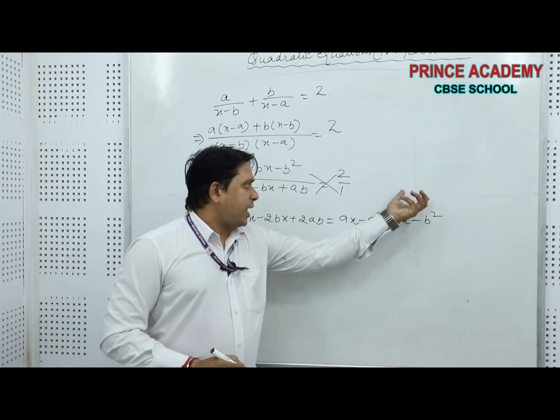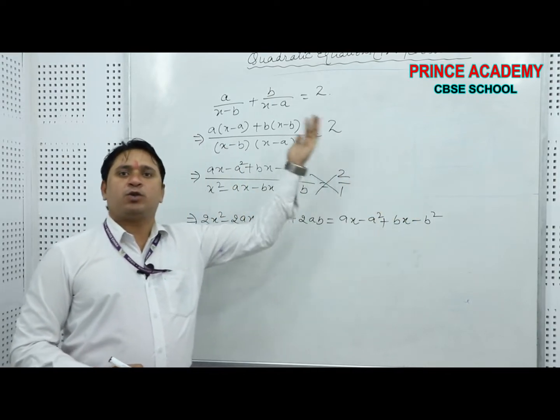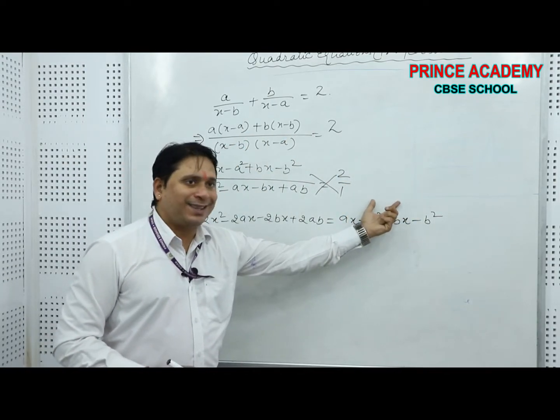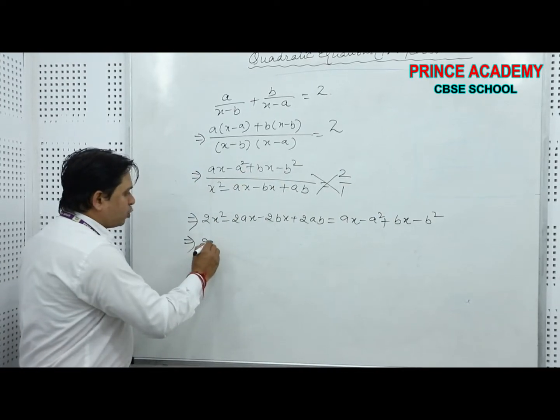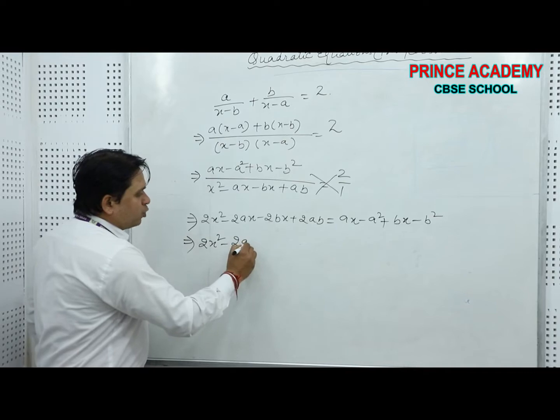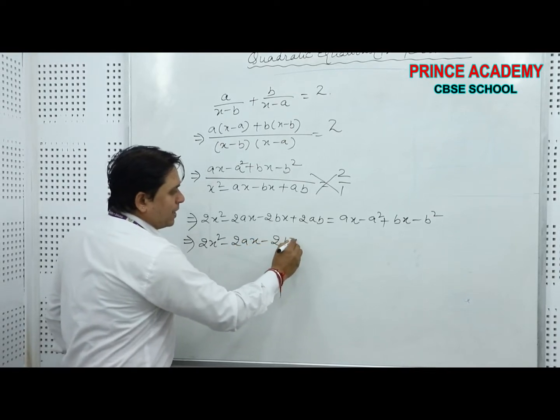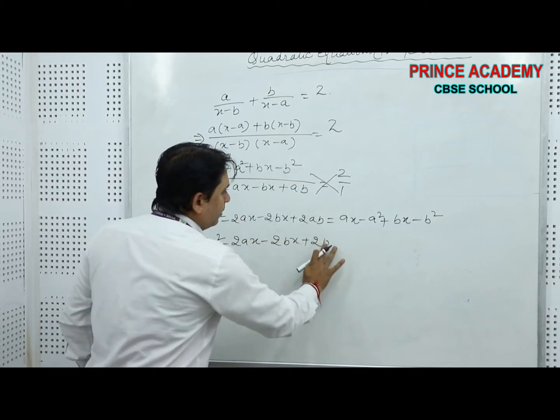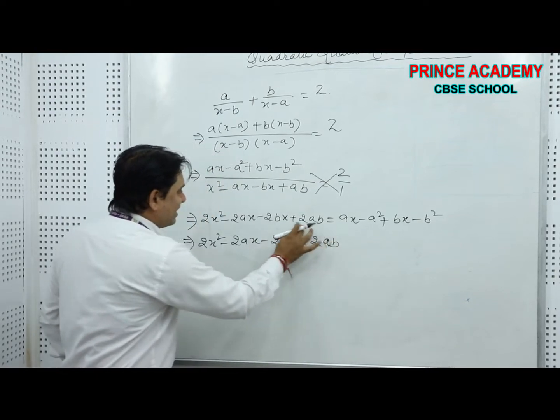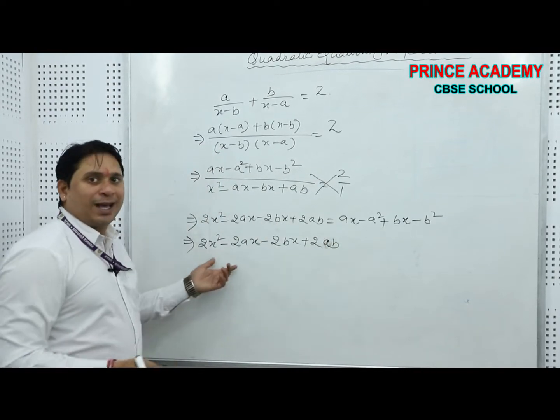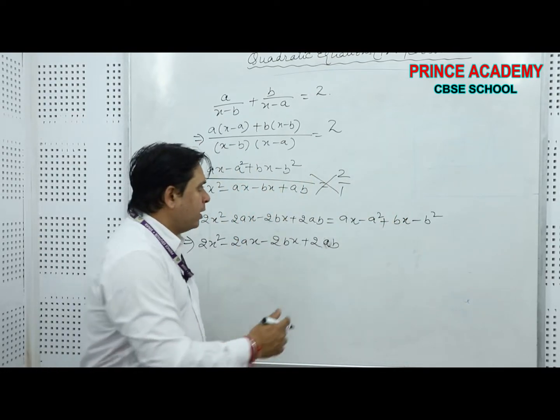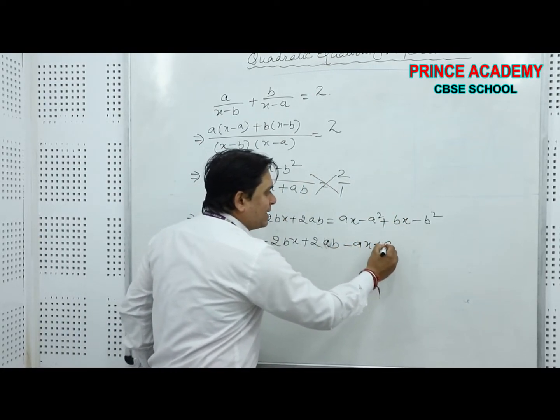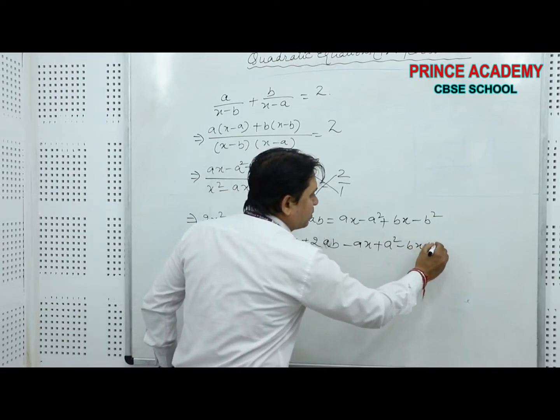We should take the whole right hand quantities towards the left. We will take all these terms towards the left. See, 2x square minus 2ax minus 2bx plus 2ab. It was written as it is because it is on the exact side. These terms are shifted: minus ax plus a square minus bx plus b square.